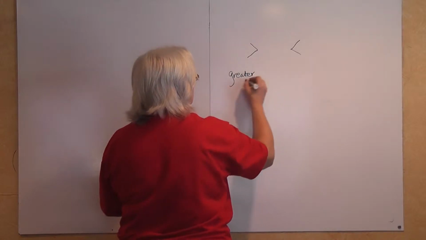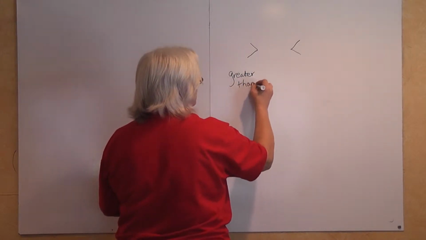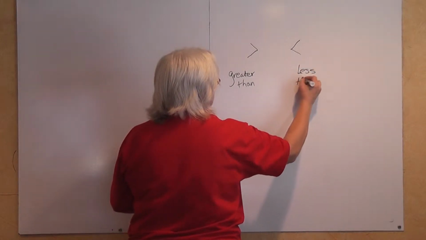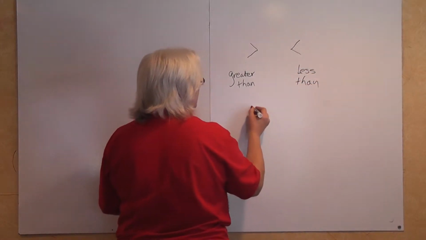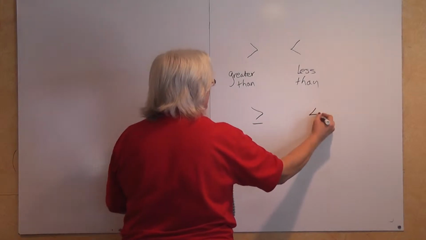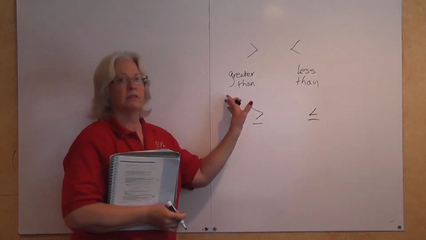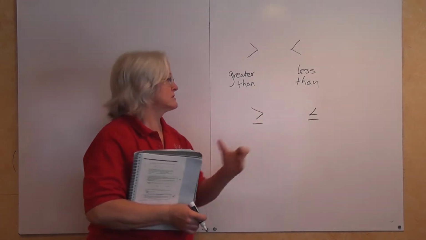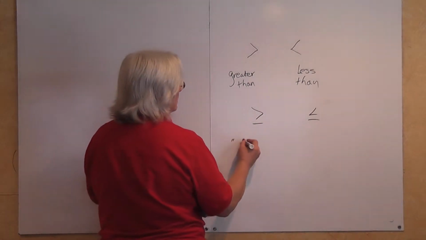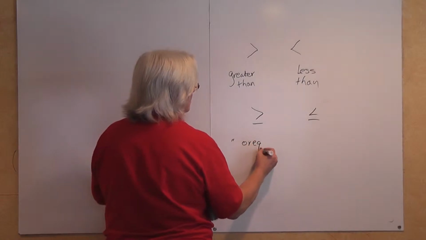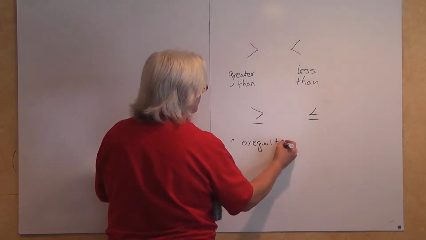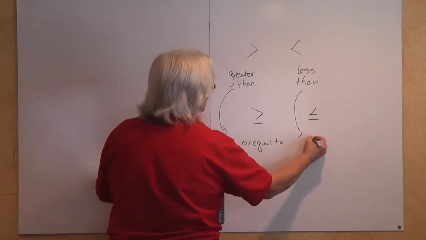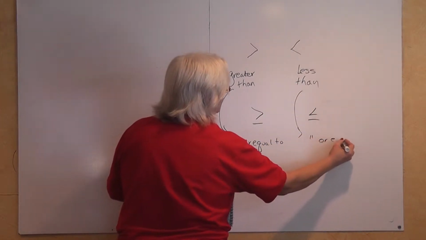And it may include the equal symbol as well. If we put the equal sign underneath it, then this would be greater than or equal to, less than or equal to.